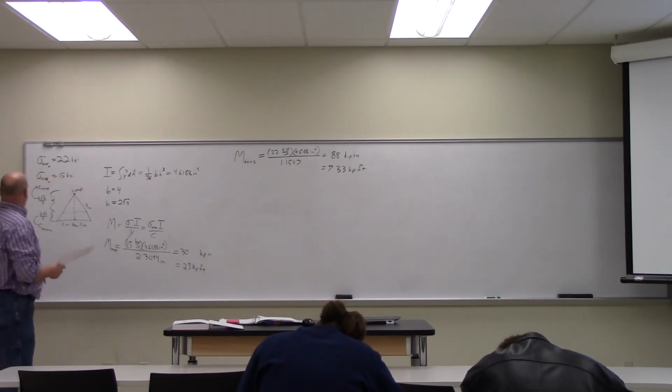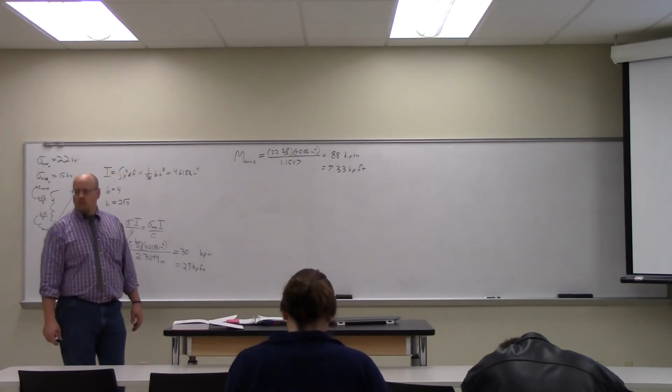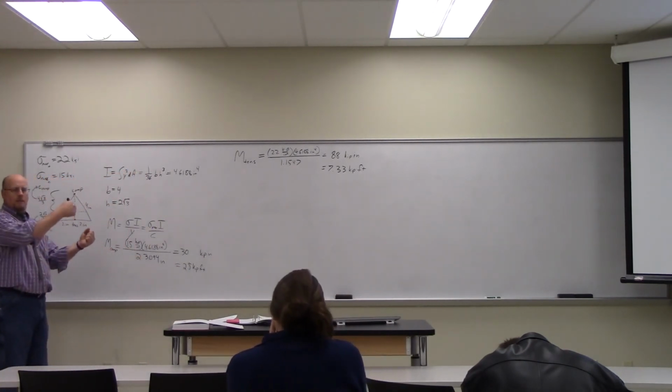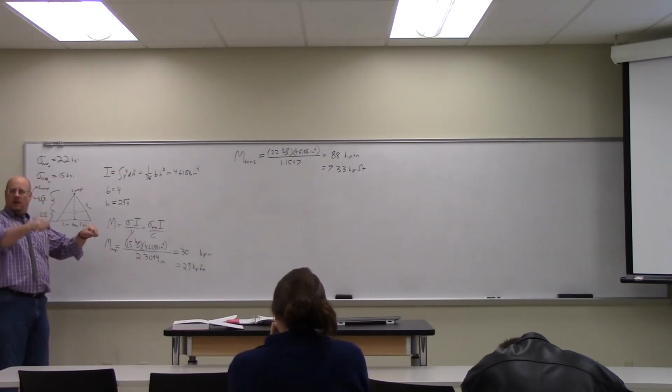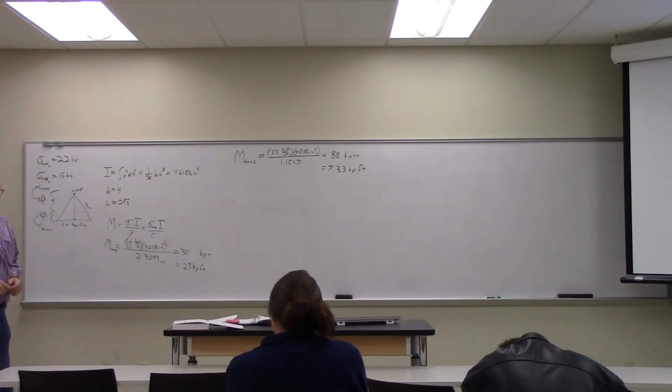Okay? What if I bent it the other direction? Right, this was it bending upward. And we have the same limit bending it downward? You have to switch your stress max.